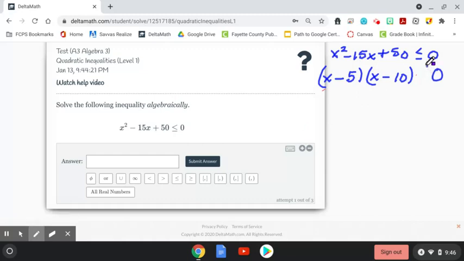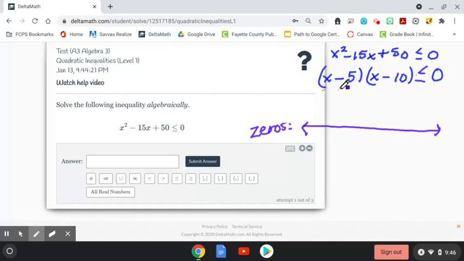Right now I have an inequality. So I need to figure out what values of x make x minus 5 times x minus 10 less than or equal to 0. I'm going to make a number line. What goes on the number line are zeros. In other words, if there were an equal sign here, what would x be?